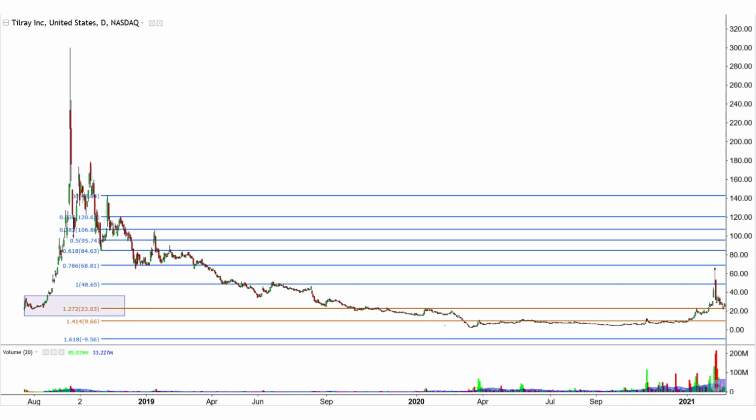On a side note, the IPO price range is a natural area of importance and provided a good reason to add the 1.272 and 1.414 levels for additional detail between the default 1 and 1.618 levels.